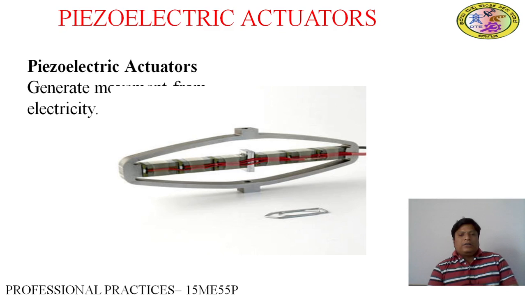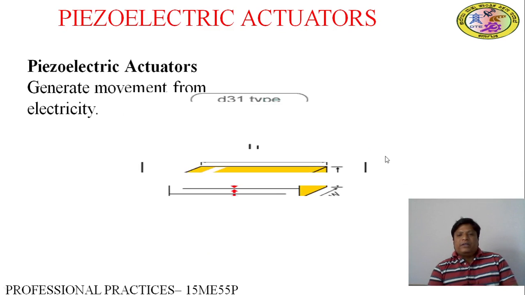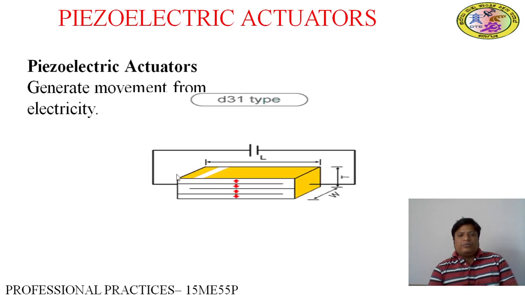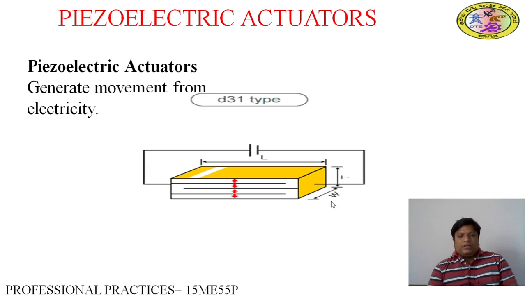This is how the piezoelectric material moves when electricity is applied. You can observe this animation. When a voltage is given to the material, it expands, and this expansion is what we consider as movement. Piezoelectric actuators can be observed in toys and similar devices.